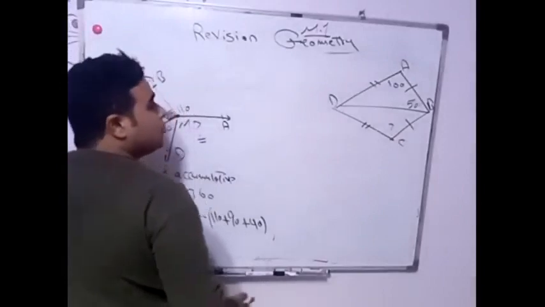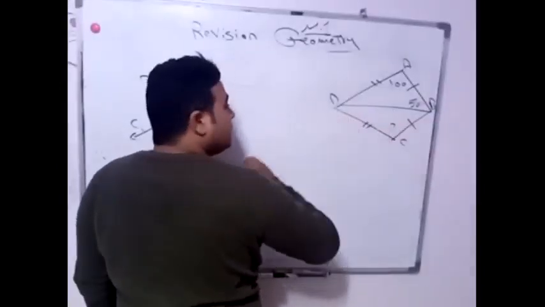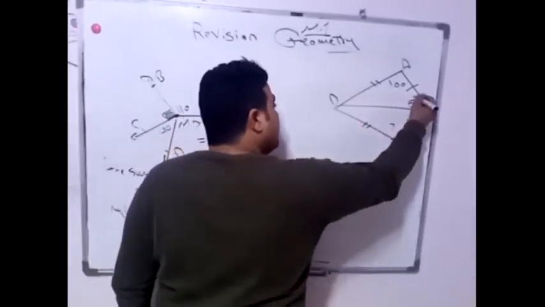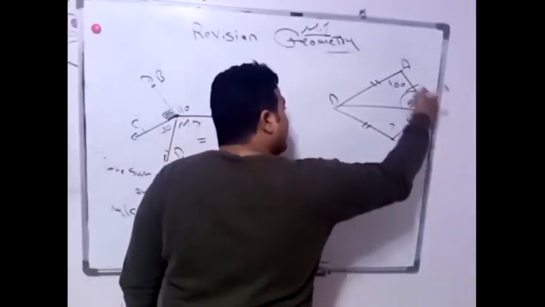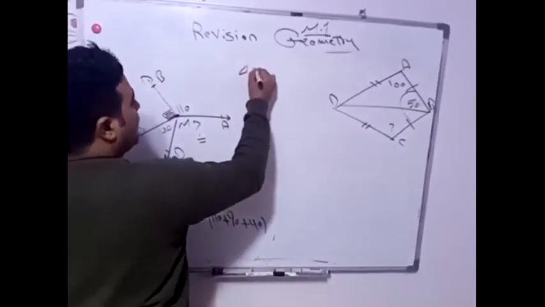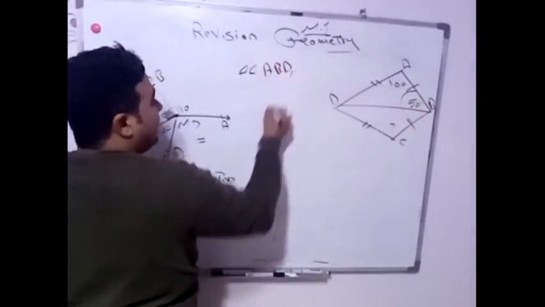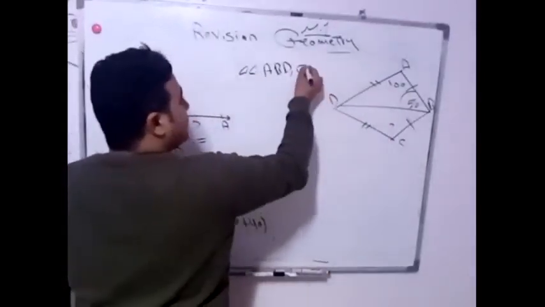We have here two triangles, ABD and CBD. I want to find the angle C, and I want to find the angle ABC. In the first, we have two triangles ABD and CBD.